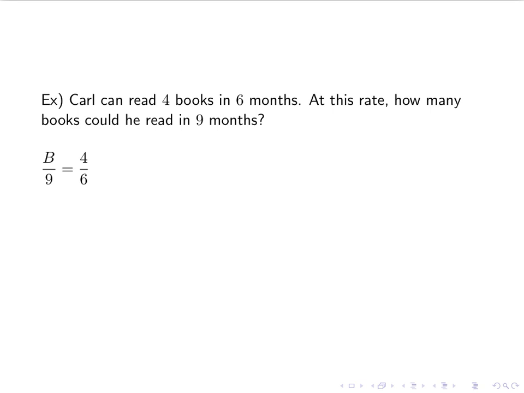So we have B over 9, B being the number of books that we're looking for in 9 months, and comparing that to the 4 books in 6 months. So B over 9 equals 4 over 6. We'll multiply both sides by 9, and 4/6 times 9 equals 6 books.